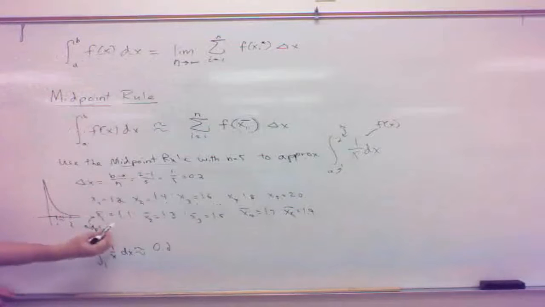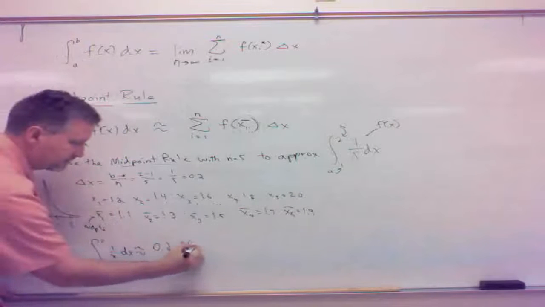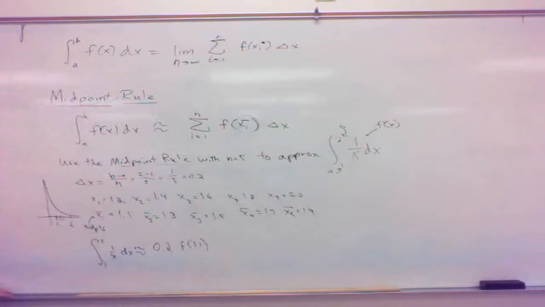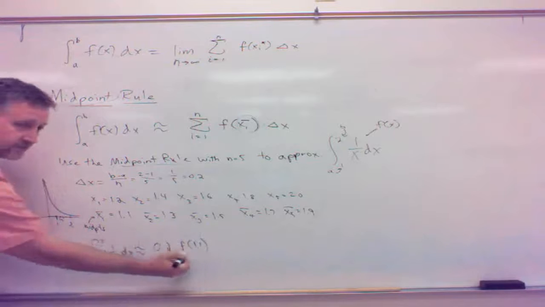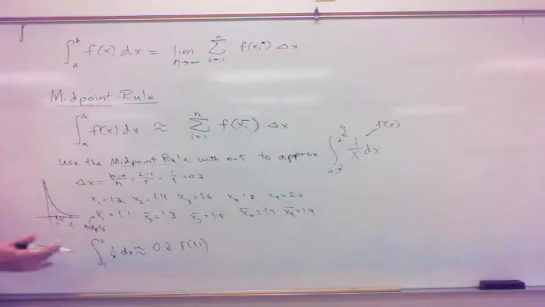So let's write it that way, f of 1.1, wouldn't it? Because I'm not looking at the right endpoint or the left endpoint, I'm looking at the midpoint. So my height is the function value at 1.1, which is 1 divided by 1.1.